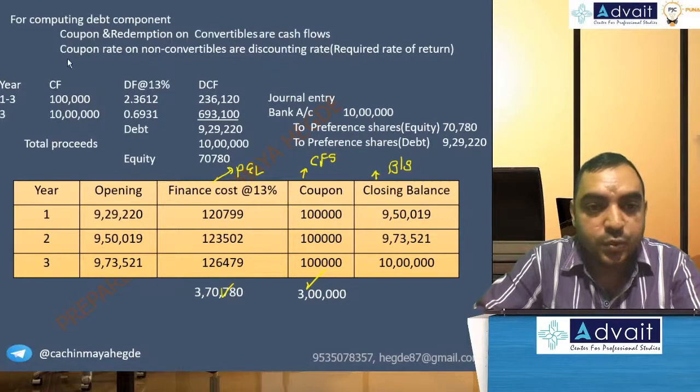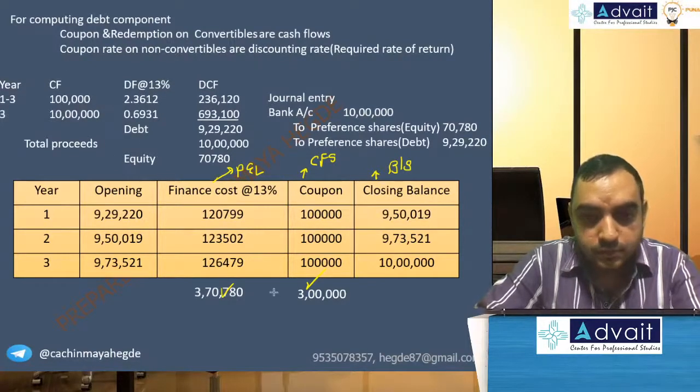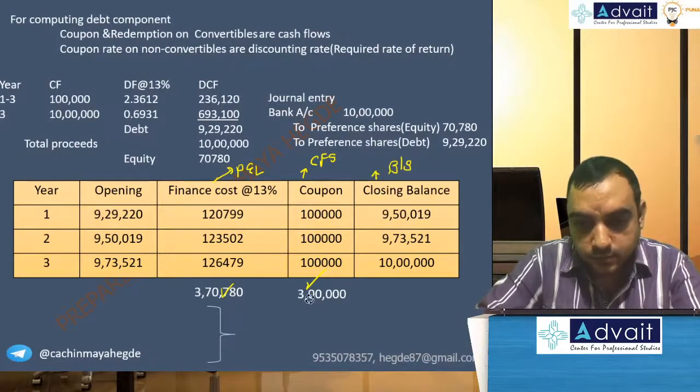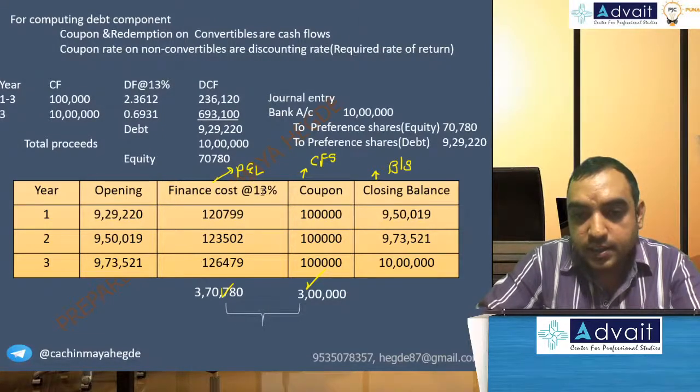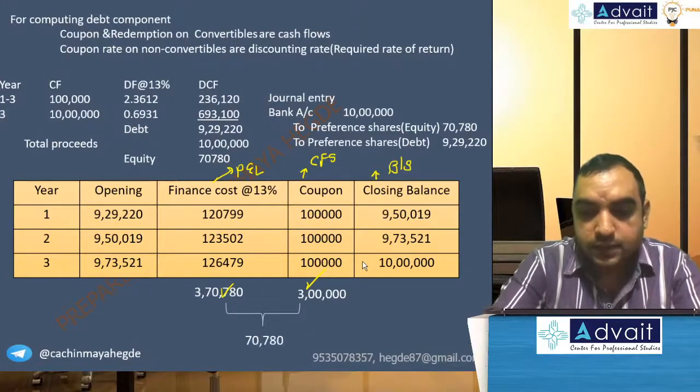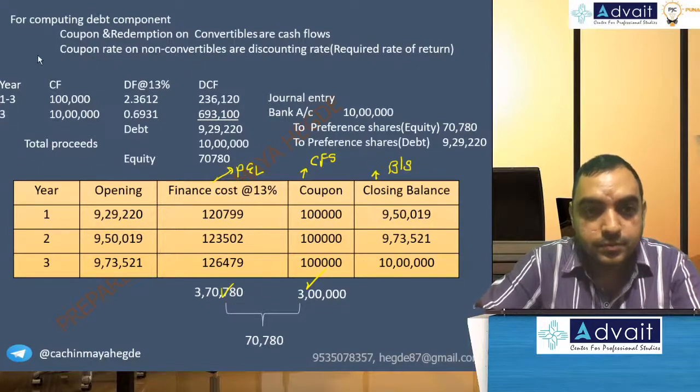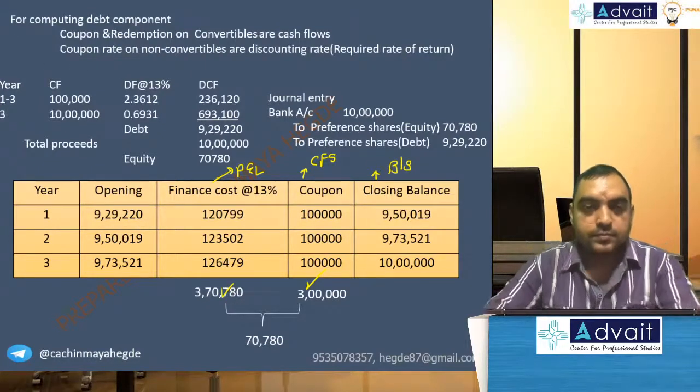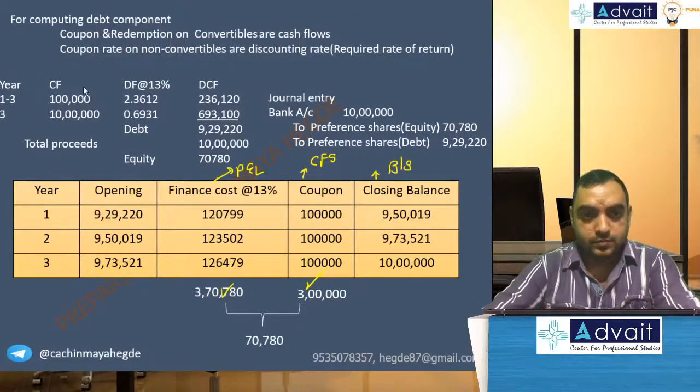And what is the difference between these two numbers? The difference between these two numbers is the equity component, 70,780, what we computed initially.